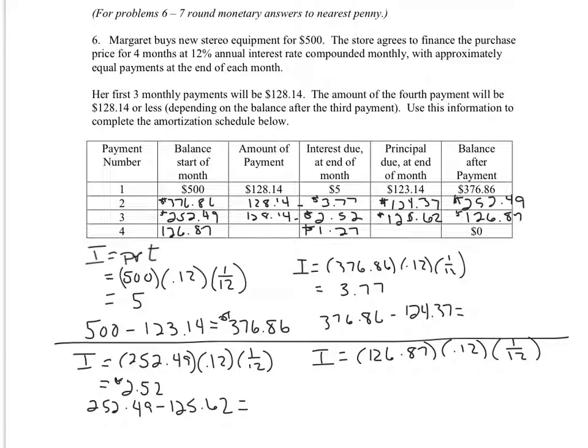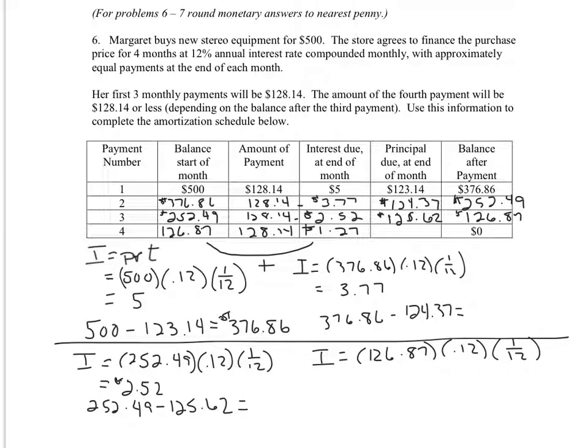In order to get the amount of payment, I will need to add these two together to know what that final payment is. Now, it turns out, coincidentally, that it is exactly $128.14. It will not always work out that way. It just so happens that those two added together will give me the $128.14.